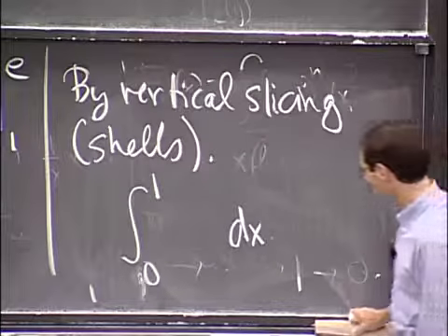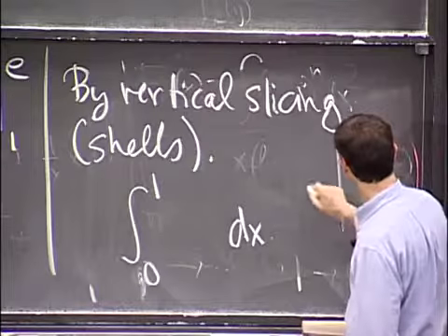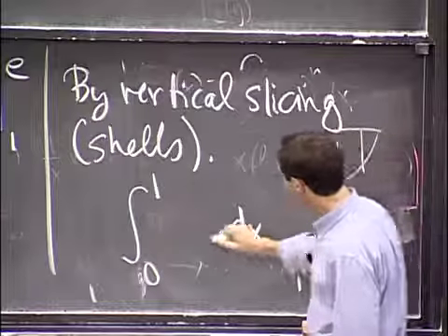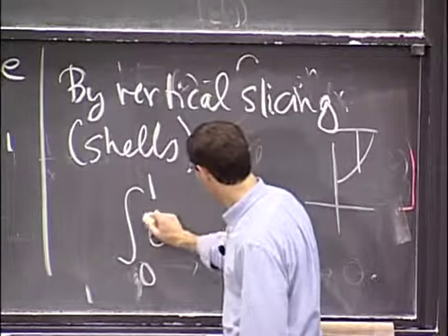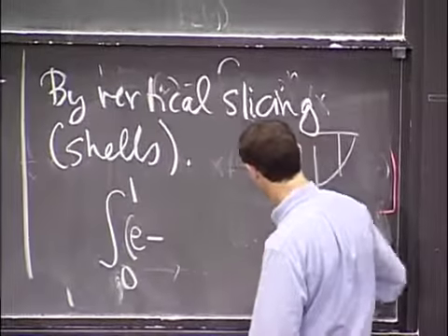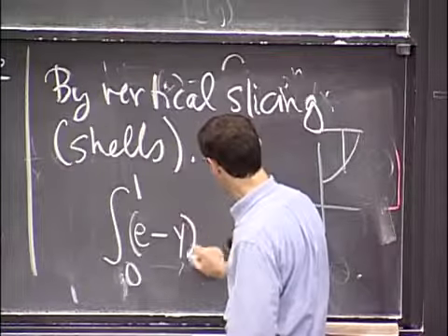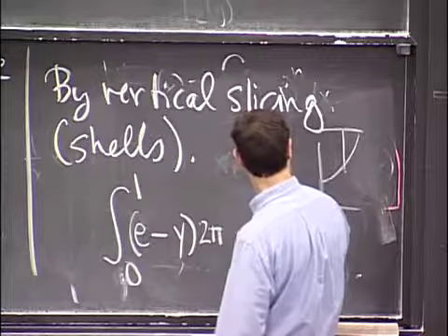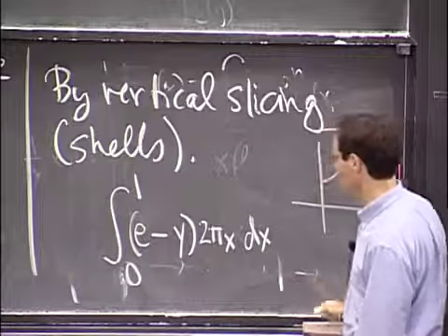And what are the shells? Well, the shells are, if I can draw the picture again, they start, the top value is e, and the bottom value is y, and then we have 2 pi x is the circumference as we sweep it around, dx.